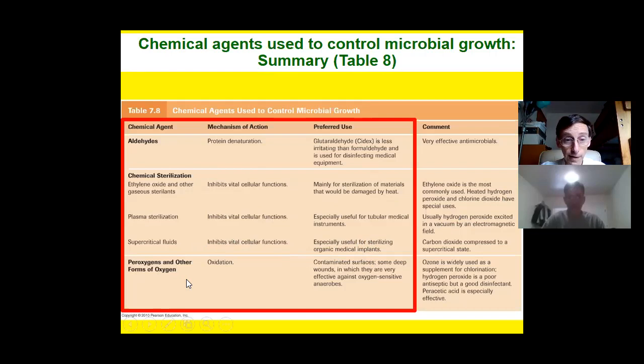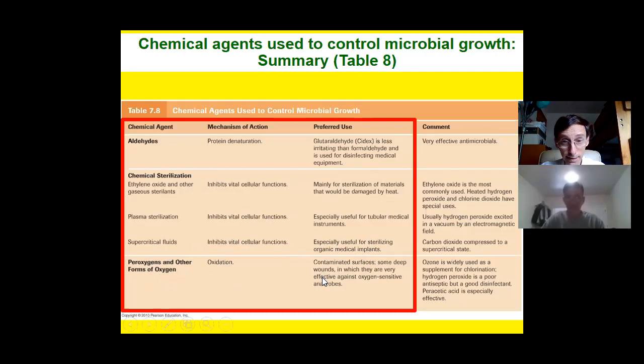Peroxygens and other forms of oxygen have a mechanism of action of oxidation, and an example would be hydrogen peroxide. This is used for cleaning contaminated surfaces.